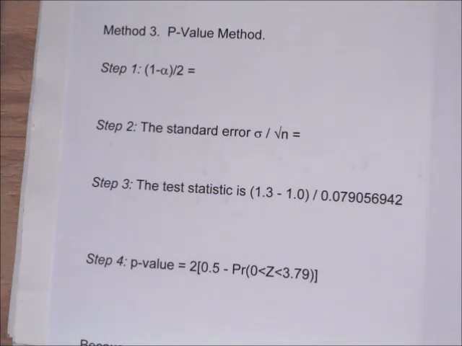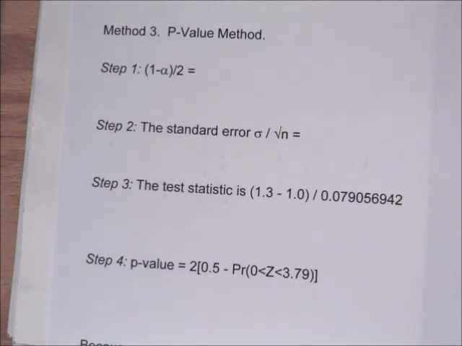For this particular problem, it's not so hard to compute, but for some problems, the p-value method is a lot of computation, and so the older researchers, 100 years ago, before there were computers, favored the critical value method because that's the method with the least amount of computation. But modern researchers have access to computers, and they favor the p-value method.